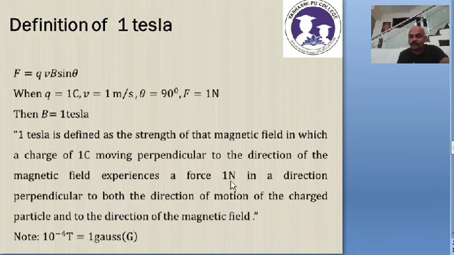That means this force is perpendicular to both magnetic field and velocity. Here Gauss is the CGS unit, and 1 Gauss is equal to 10 to the power minus 4 Tesla. Remember this, it is just a converting factor from CGS to SI system. Tesla is the SI unit of magnetic field. I hope you are getting the things.